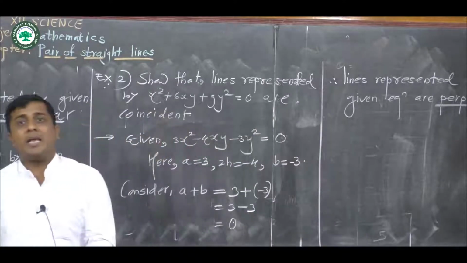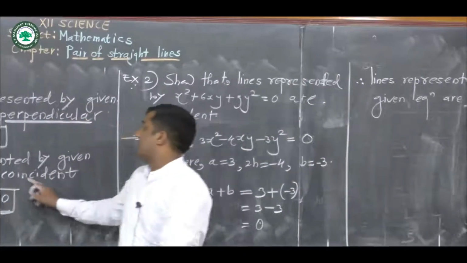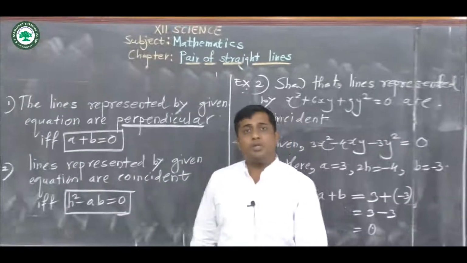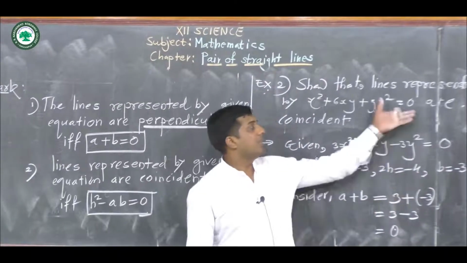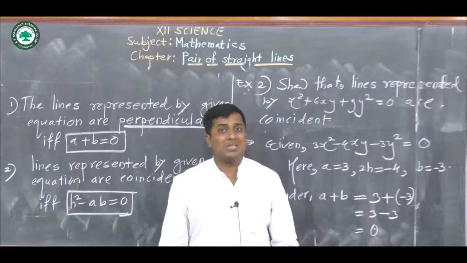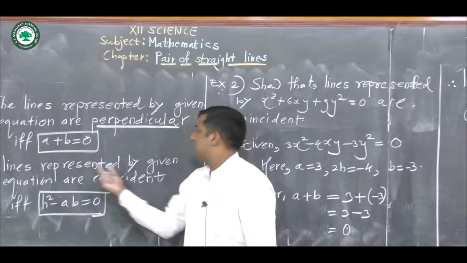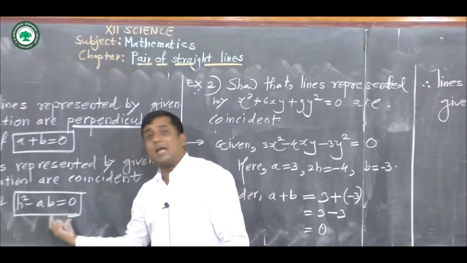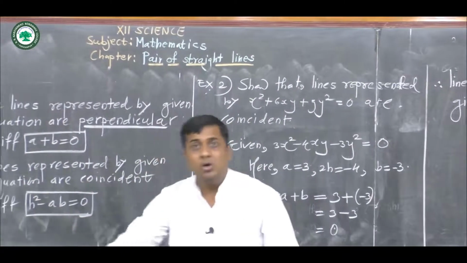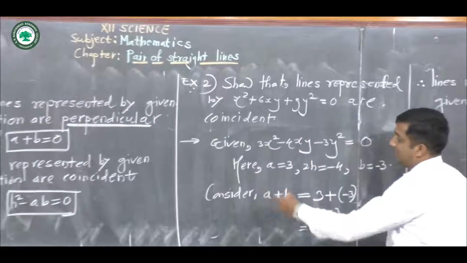Again by using our second remark, we check whether the two lines represented by the given equation are coincident or not. We know lines represented by the given equation are coincident if and only if h square minus ab is equal to 0. So we use this condition.